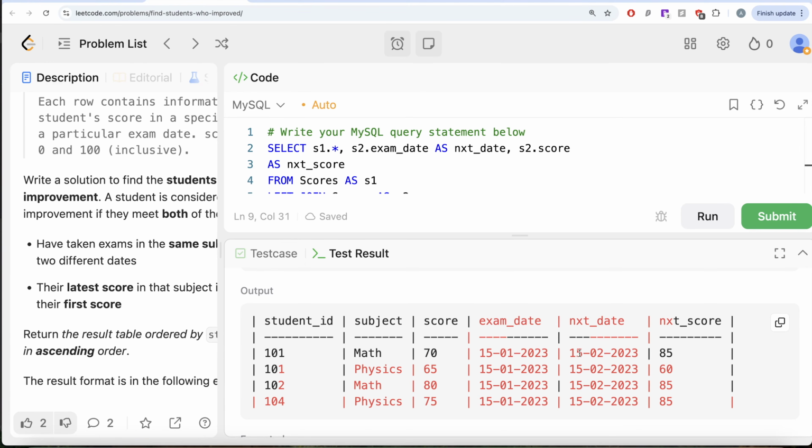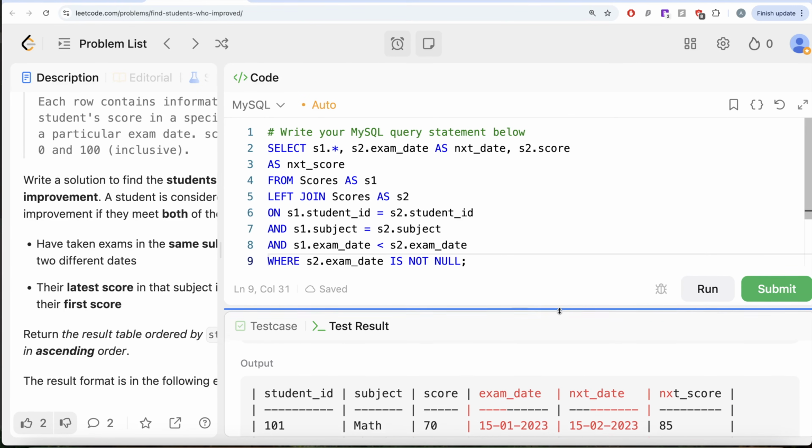However, the next date is, let's say, 15th of March 2023 with score 65. Now, if you arrange by exam date in ascending and next date in descending, the second row is going to get rank 1. And that is what we need to consider, because we need to consider the first exam date and the latest exam date, right?